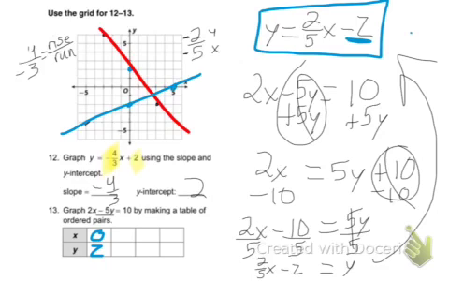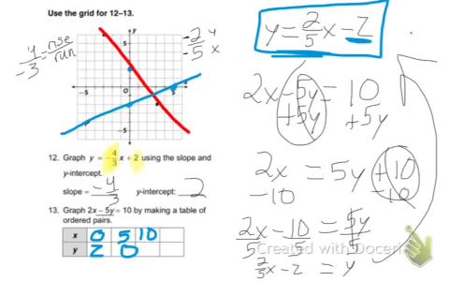Then I'm going to use this point, that would be x is 5 and y is 0. When we're plotting points for a table, we want to pick x values that are multiples of our denominator. So we use 0, 5. Now, it's going to be off the graph, but let's use 10, because that is a multiple of our denominator.